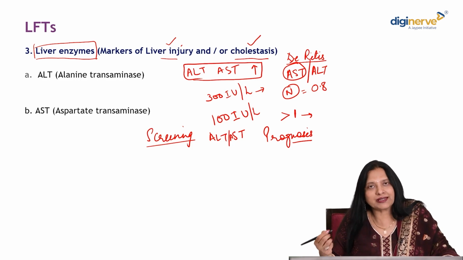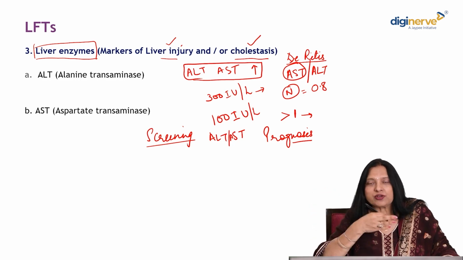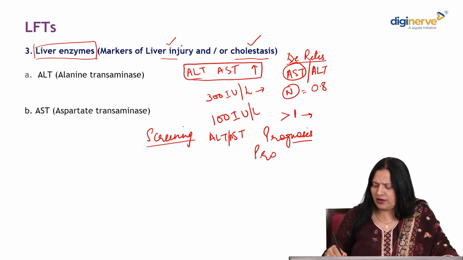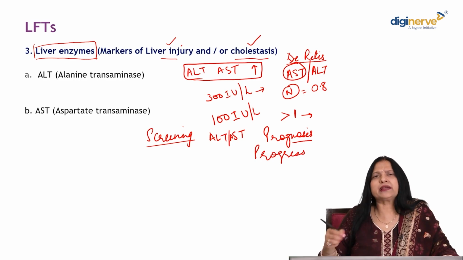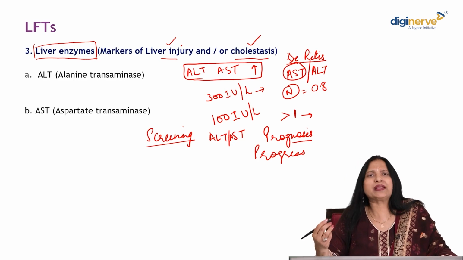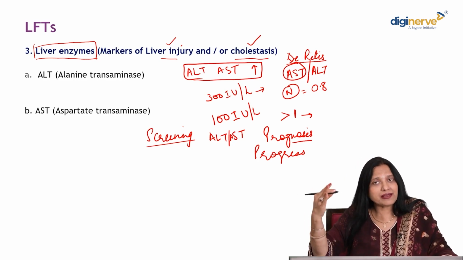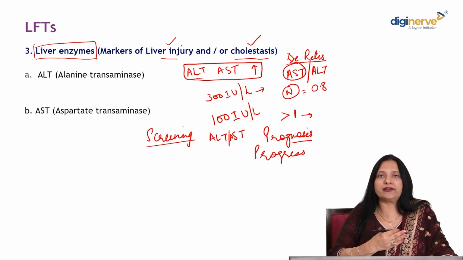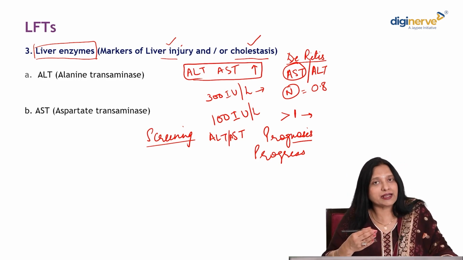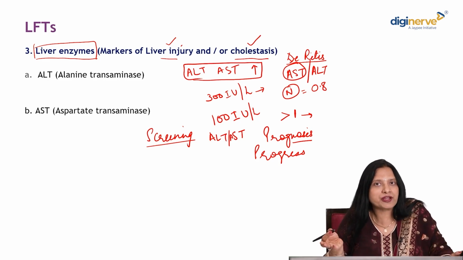Also, normally when we follow the progress of a patient, every second or third day we keep getting the patient sample and keep looking at the levels of these enzymes. When there is a gradual fall in the levels, that is a sign of recovery, so we are happy that the patient is recovering.